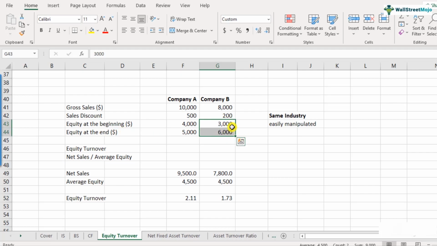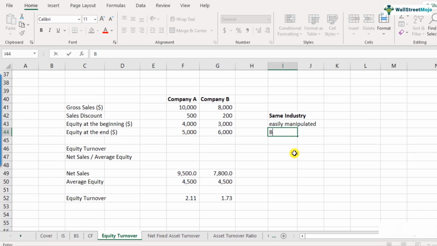Now, let's say if the beginning was at 3,000, can the management do something to change the equity at the end of the year? Can they take some steps to do that? There are certain steps by which they can easily do that. They can look at buyback of equity.